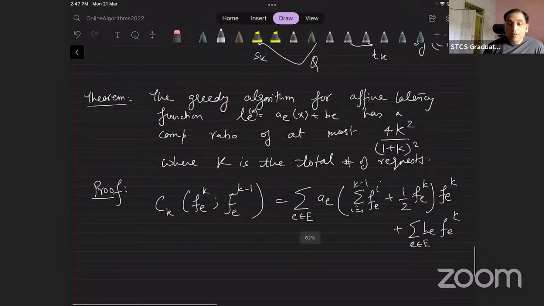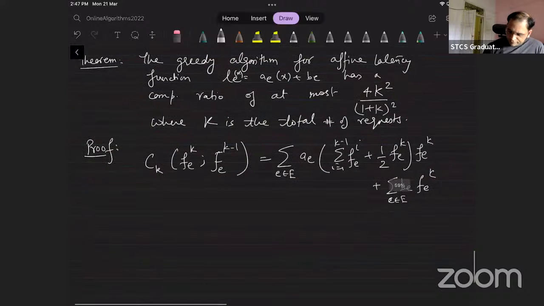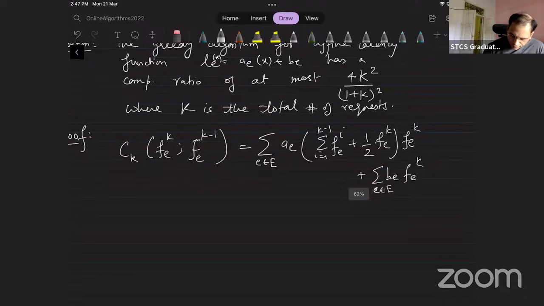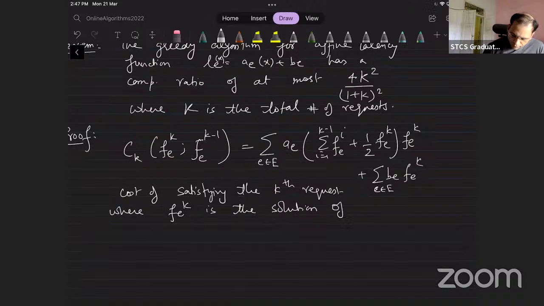Everybody good here? I've just integrated, and because of that, the half will show up. That's all. So this is the cost of satisfying the kth request, where FEK is the solution of the convex program.